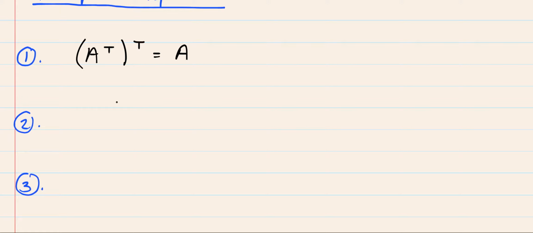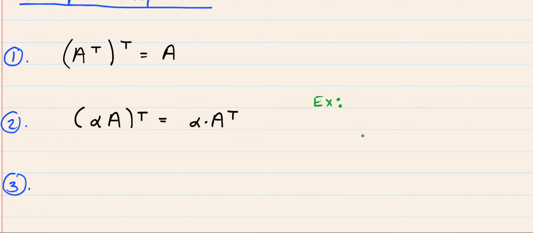The second property of transposes is if you have a scalar and you multiply it with a matrix here, then you take the transpose. Well, that's the same thing as taking the transpose of the matrix and then multiplying it with the scalar. Let me actually give you an example of this one, just so we're clear. You can see that this one is pretty obvious too.